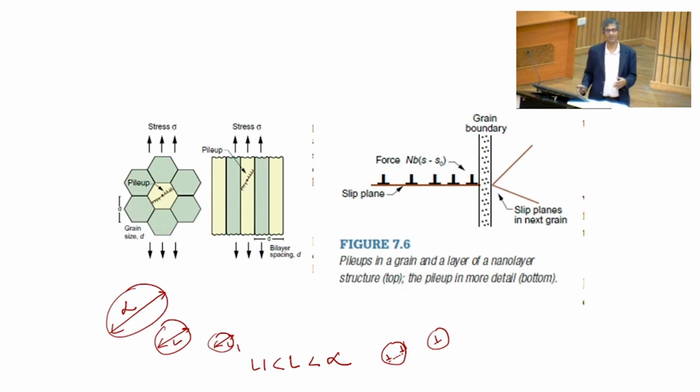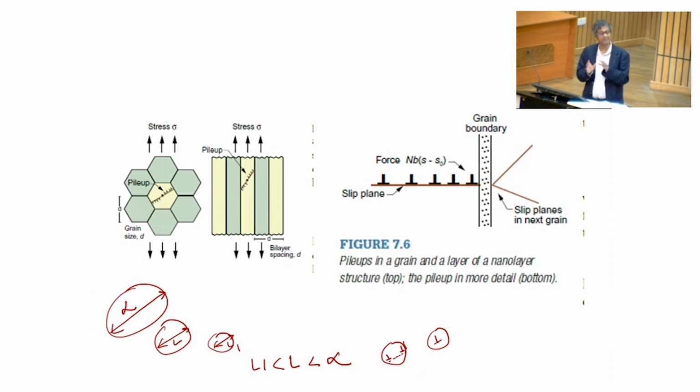So now you understand, right? That is what is happening as you decrease the grain size. As you keep on decreasing the grain size, the number of dislocations inside the grain is decreasing till it reaches 1 or 2 in the grain.